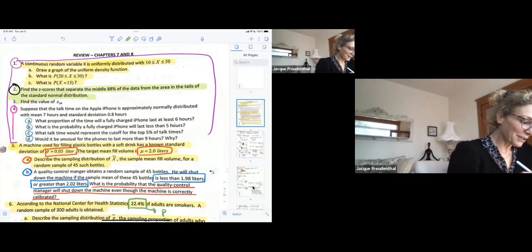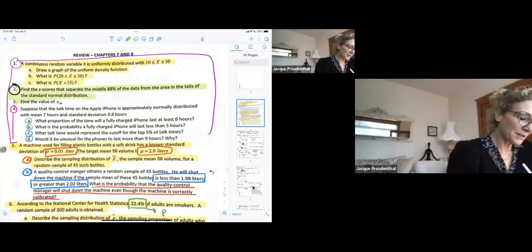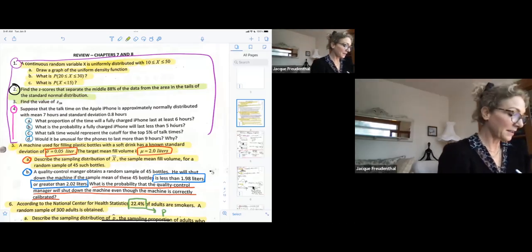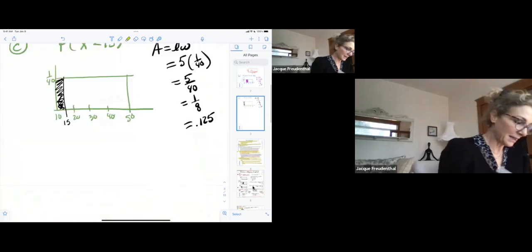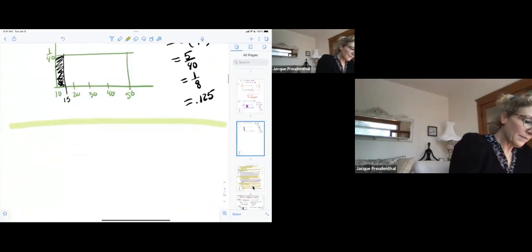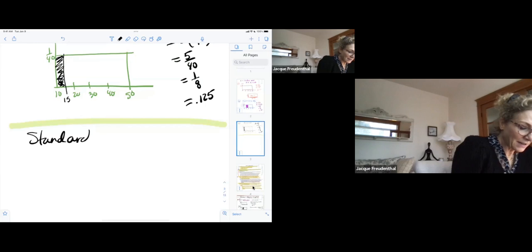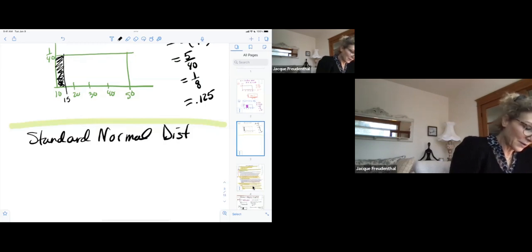Okay, so let's do number 2. Find the z-score that separates the middle 88% of the data from the area in the tails of the standard normal distribution. Okay, so we have a couple words here. Standard normal. So if it says standard normal, then we know that we're definitely talking about the distribution of the z-scores.